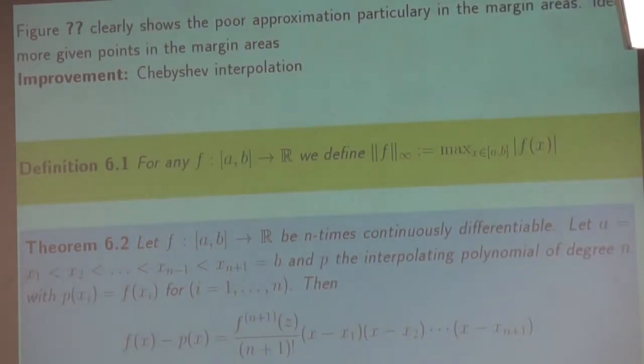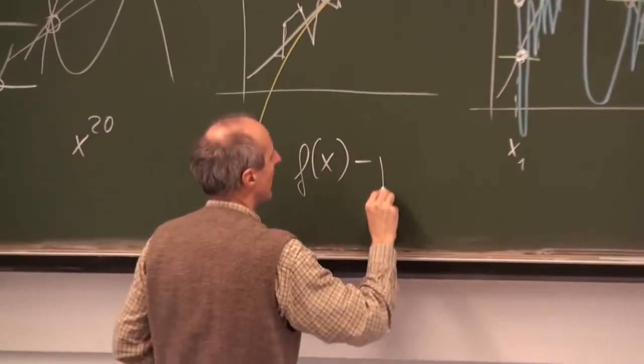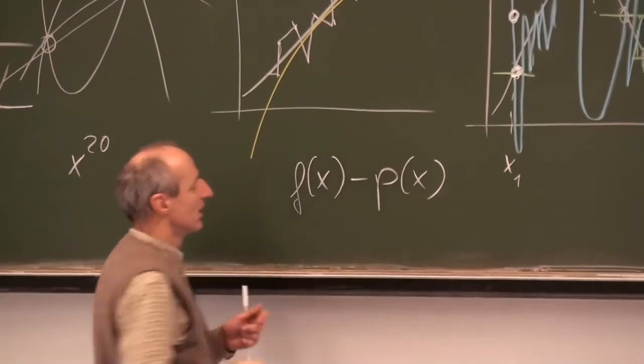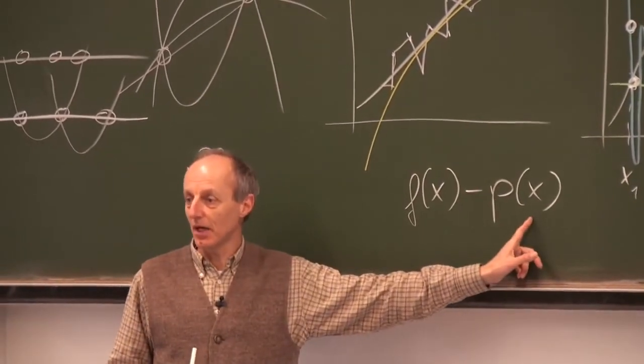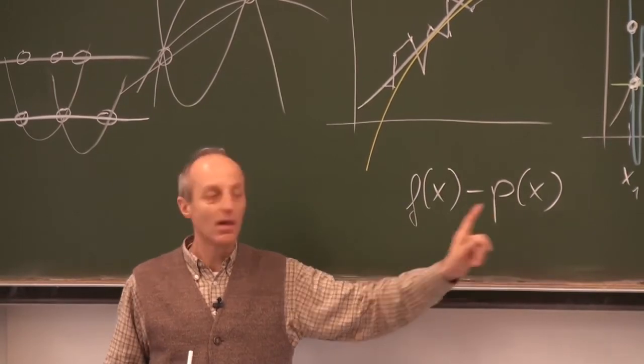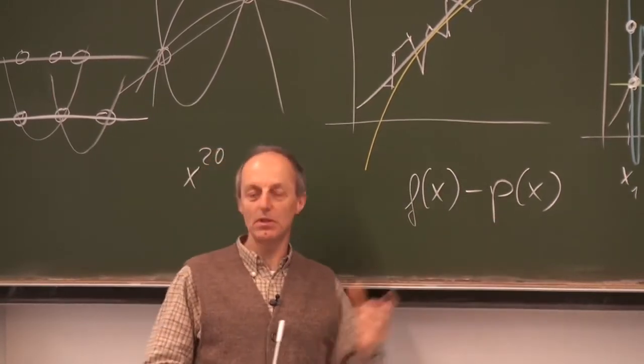So now once we have defined this maximum norm, we can talk about the difference f of x minus p of x. f is the given function, p is the approximation polynomial, and this is the difference between these two.